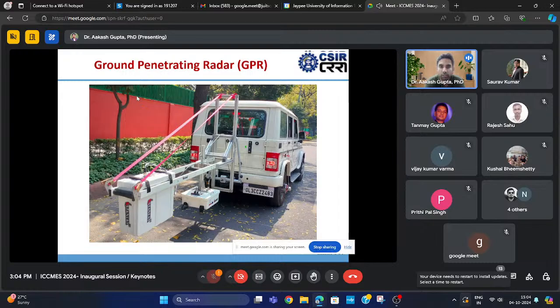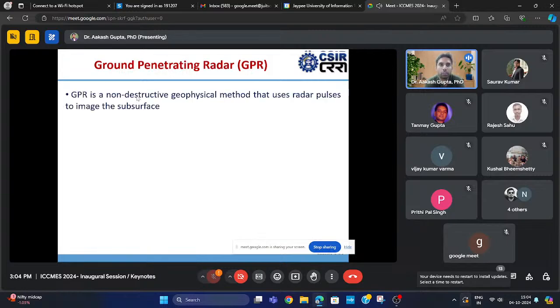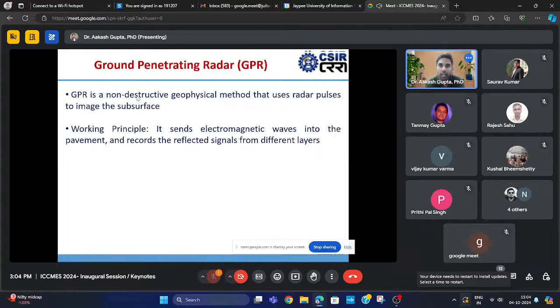But now research is going on, and we are able to determine the thickness of various component layers of the pavement. So GPR is a non-destructive geophysical method that uses radar pulses to image the subsurface, and here it sends electromagnetic waves into the pavement and records the reflected signals from different layers.